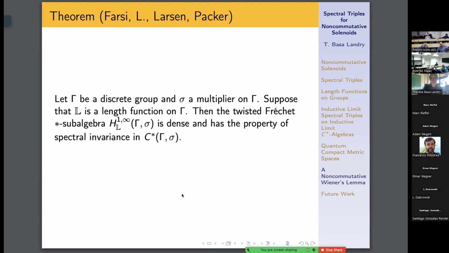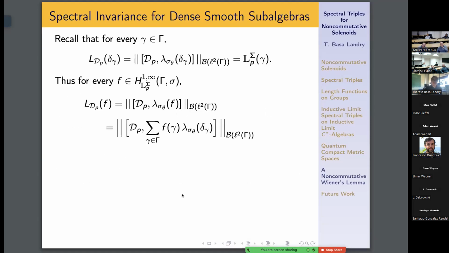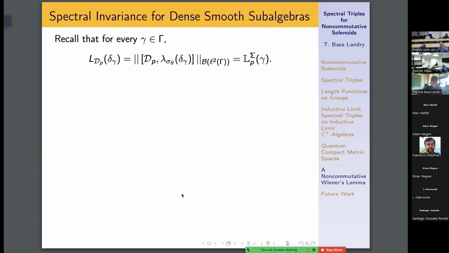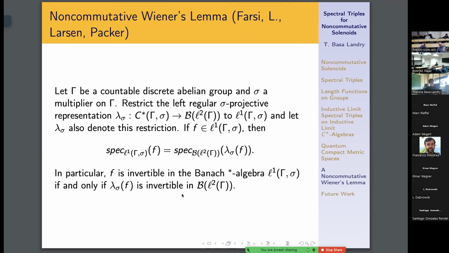Sorry, is abelianness of this gamma necessary for this property? So I think that it might actually be okay for it to just be nilpotent, and we just kept abelian because ZP cross ZP is abelian. But I'm asking about this equality, this spectrum with respect to L1.